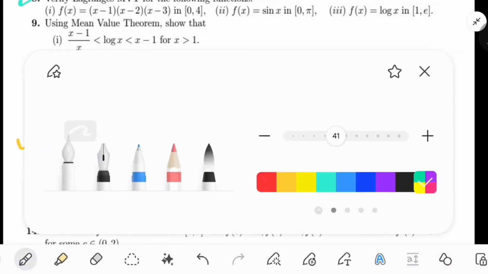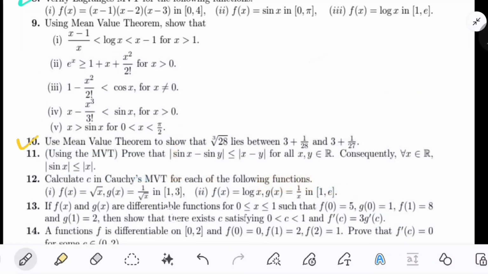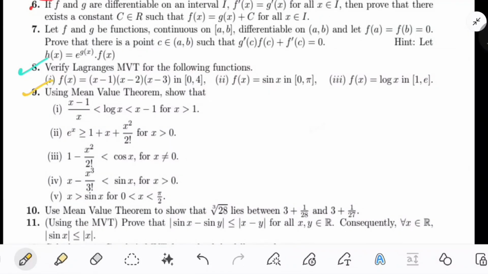So we won't do the 10th one first, we will do the 9th one first, right? Because the 9th first part and the rest you will do on your own, right? I will tell you the 9th first and second part, because these two will make some sort of problem for you, right? So I will discuss these two, right?